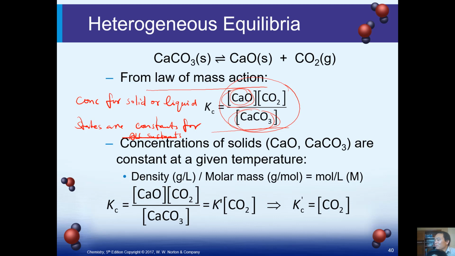Okay, so basically what this tells you is, hey, that's a constant already, that's a constant already. So if you rewrite it, this ratio, top over bottom, that's another constant. All right, so if you divide the left side and right side by K prime, and you name this new thing as Kc prime, then you would have Kc prime equals the concentration of CO2.